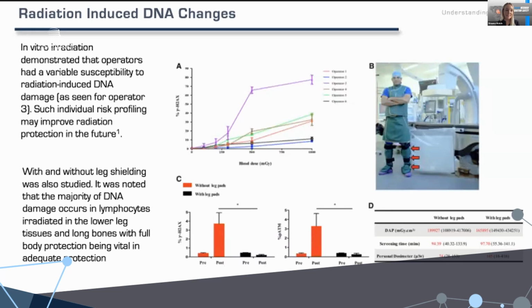But back to this study, they also looked at with and without leg shielding. And it was noted that the majority of the DNA damage in the lymphocytes occurred in the non-covered leg. So once the leg had lead on it, there was very little difference between that and the team who did not use X-ray for their procedures.